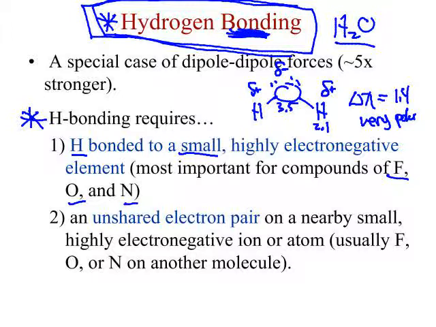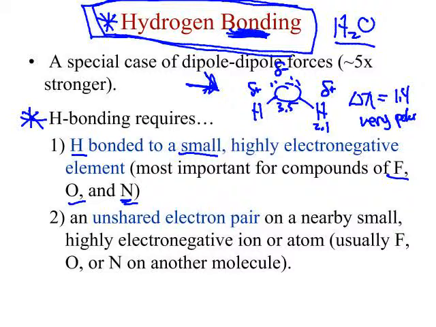For water, or for cases where we have hydrogen attached to fluorine, oxygen, or nitrogen, that leads to a very polar bond and a very polar molecule overall, which means that the magnitude of the attraction between that molecule and others of the same type is going to be very, very strong. That is hydrogen bonding. It's just a special case of dipole-dipole attraction where we have a really, really polar molecule.